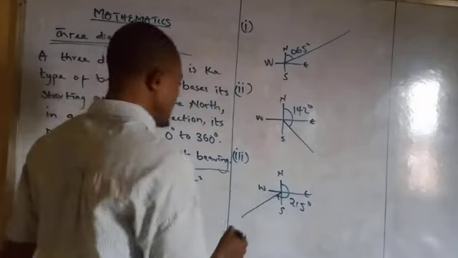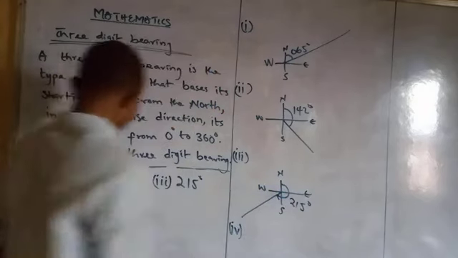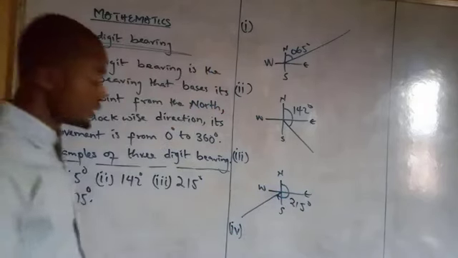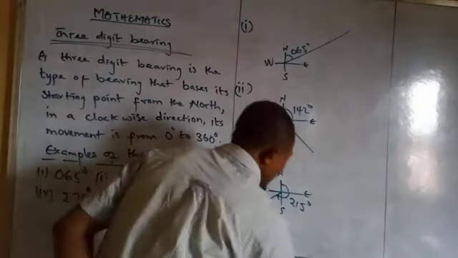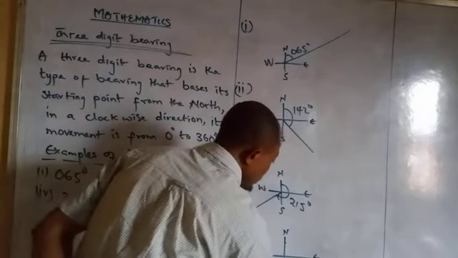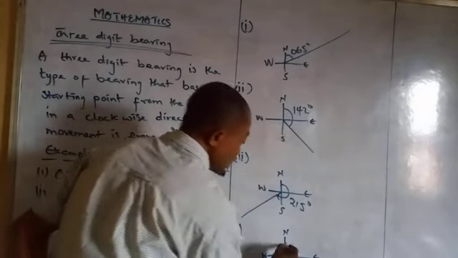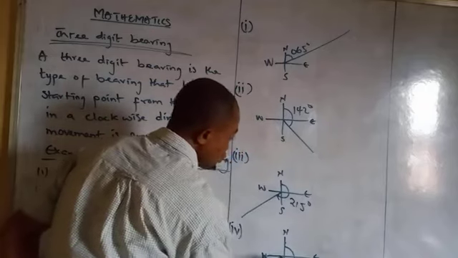Lastly, we want to go to 4. We have 275 degree. So our 275 degree will be like this. From the north also, you go like this. This is 90, 180, 270.